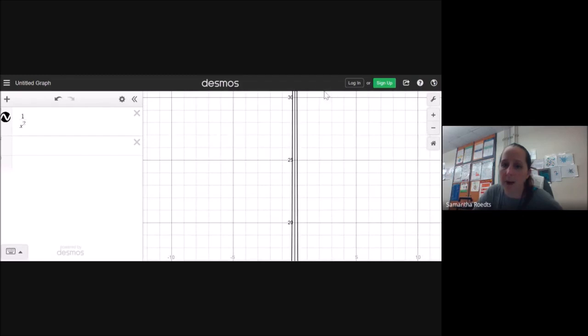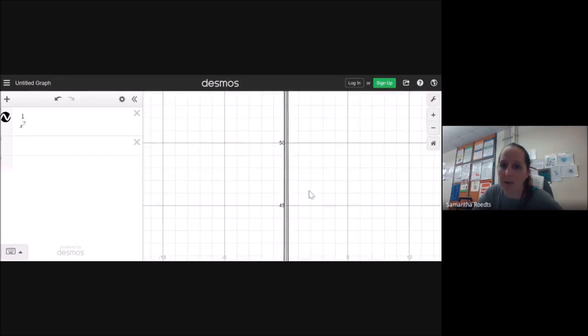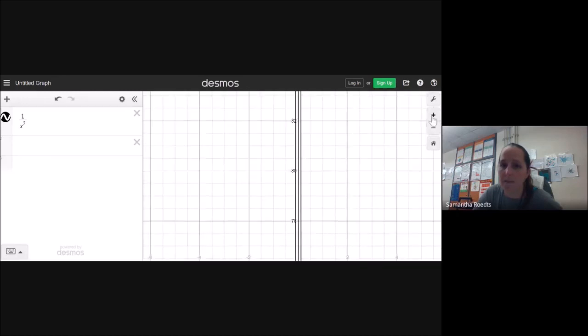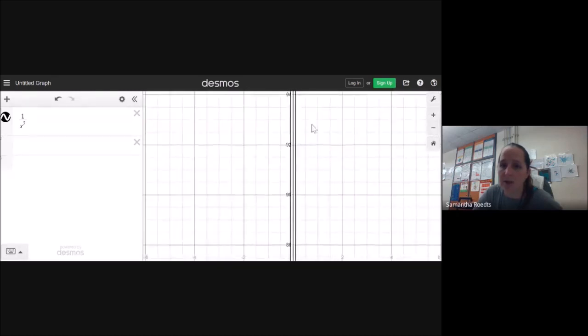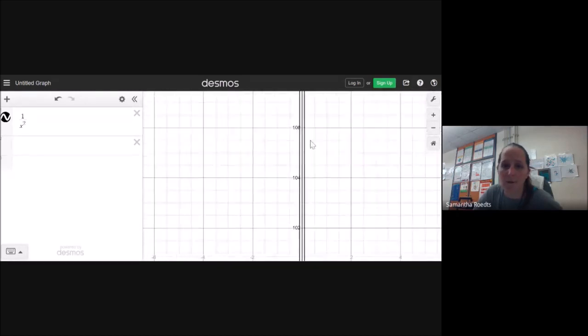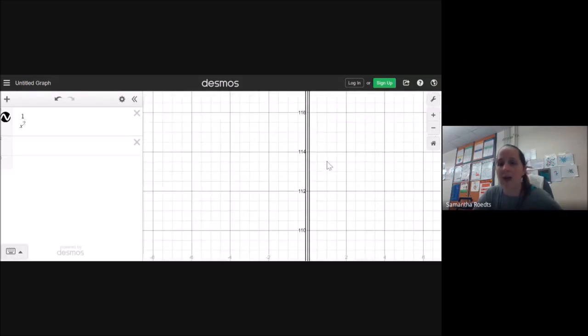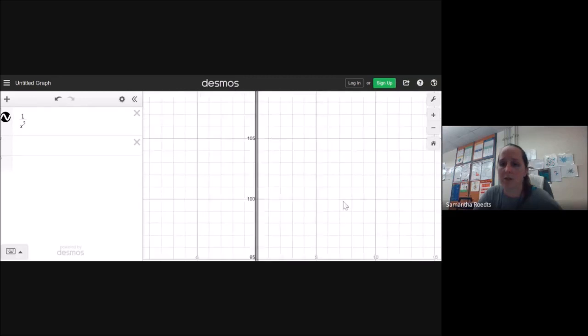Okay, so I could go up forever. Look, I'm at 40. You can notice that they're getting closer to each other. But if I scroll in even more, you can see that they're still far enough away from each other. Okay, so they never actually touch.